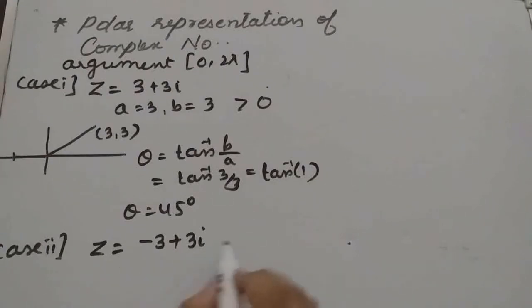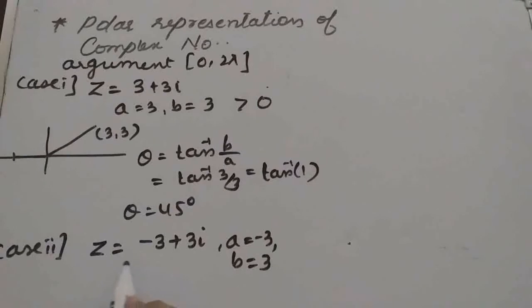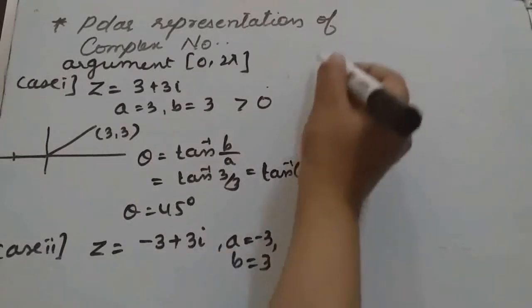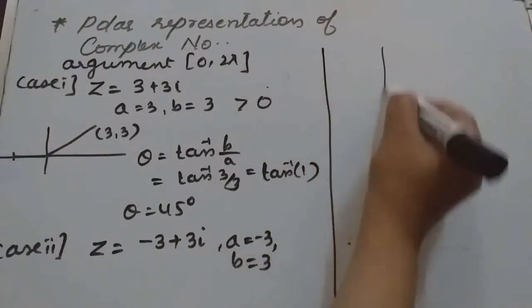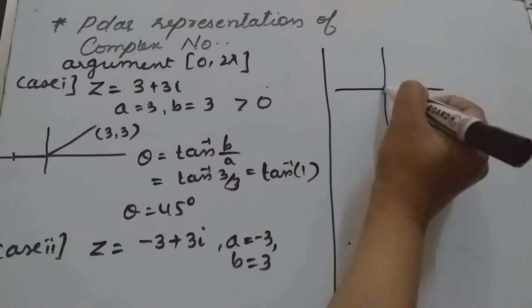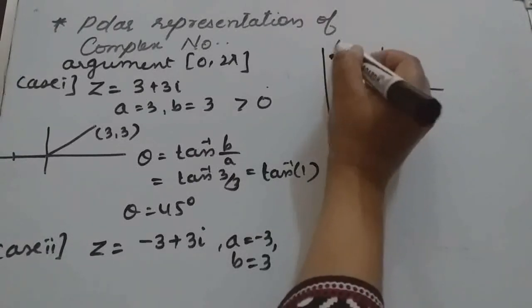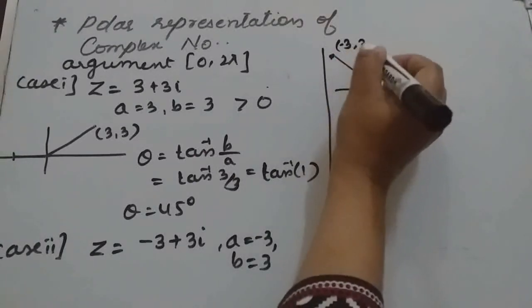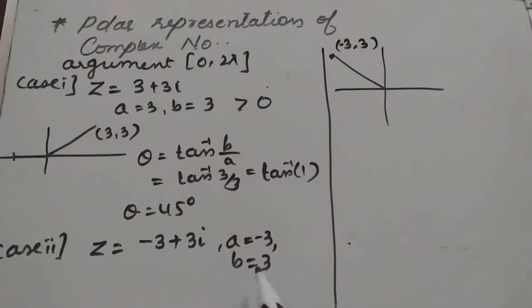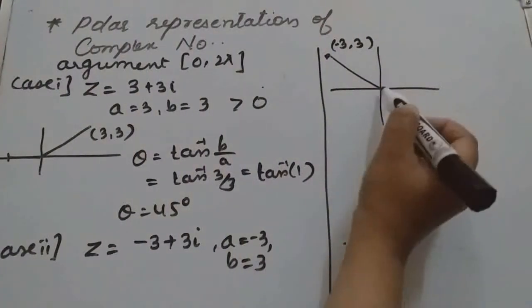Here a is minus 3 and b is 3. So the point is in the second quadrant, minus 3 comma 3. So what can we write here?